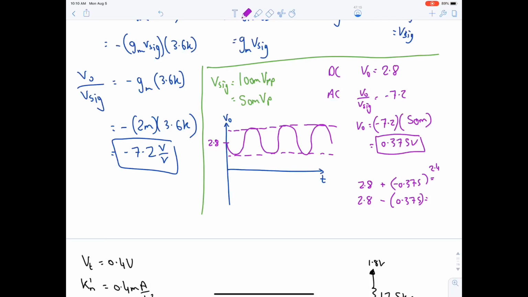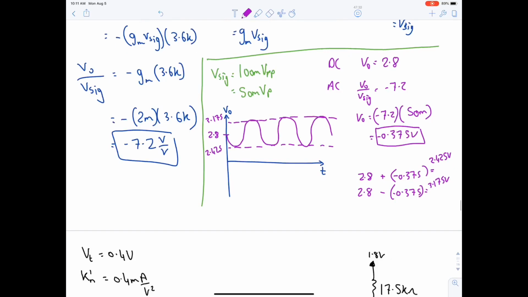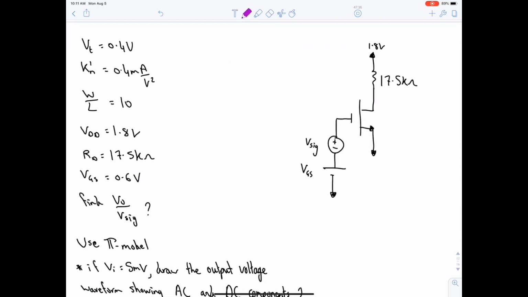There's a minus here, I forgot about it. 2.425 volt, and here it's 3.175 volt. Okay, so the maximum is 3.175, minimum is 2.425. Okay, that's it.